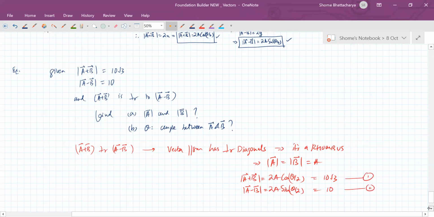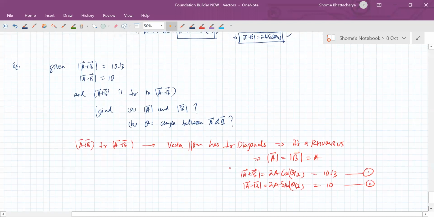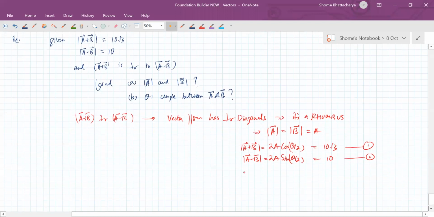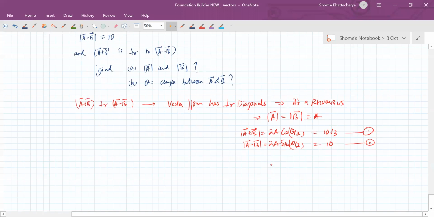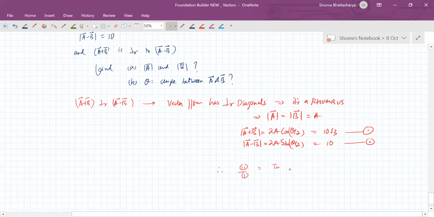So now if you just divide these two equations, you will get tan theta by 2 is 1 by root 3. That means theta by 2 is 30 degrees. And that means theta is equal to 60 degrees.